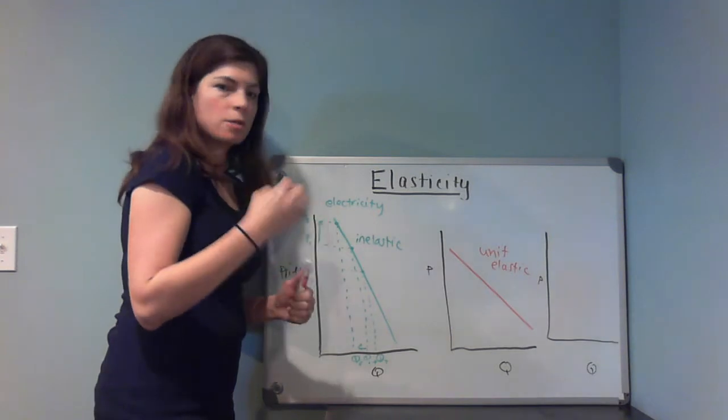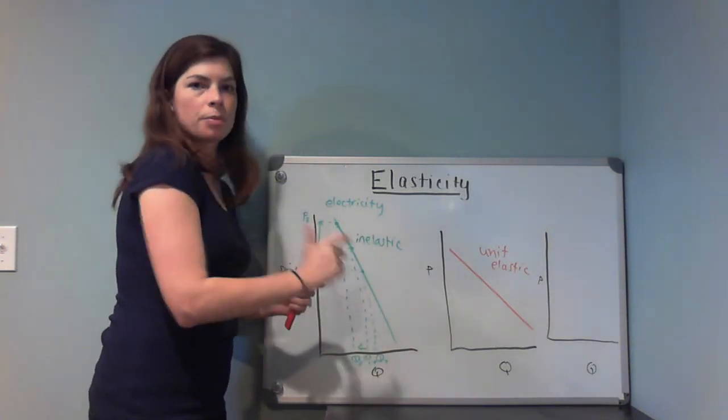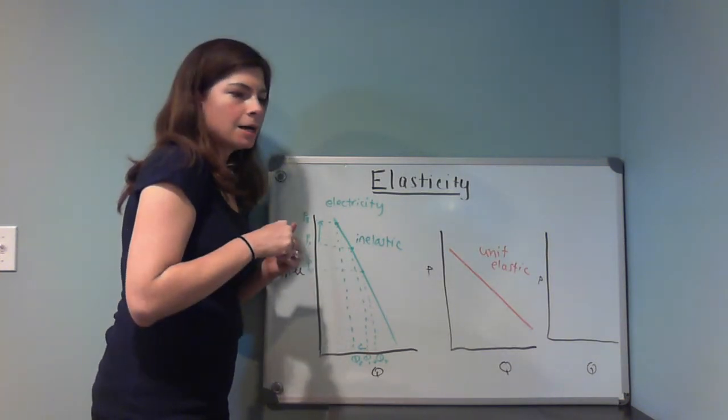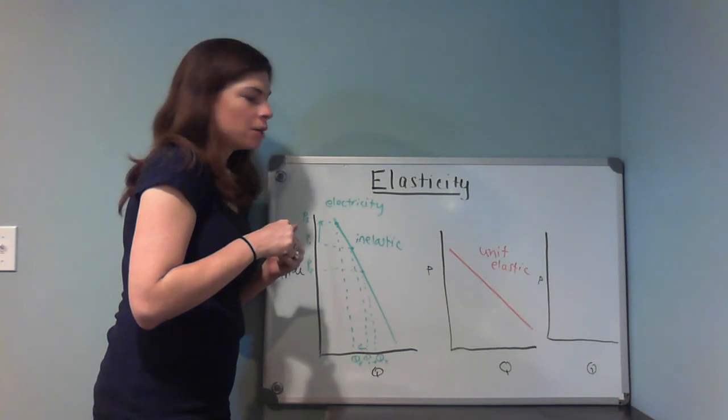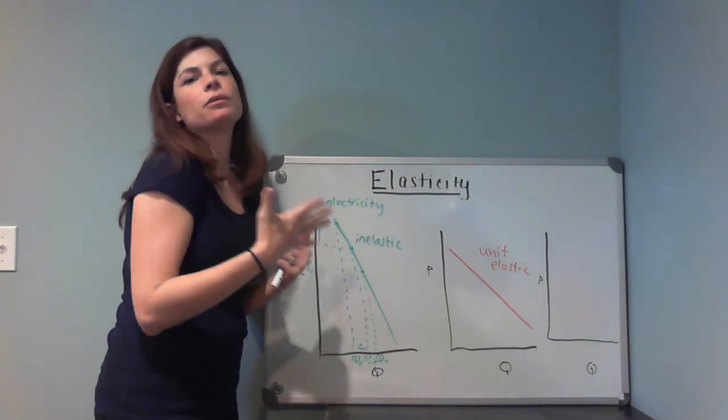Now this is when consumers change the amount that they buy exactly proportionally to the price change. So an example of this might be, let's say that you have a specific budget for going out to the movies in a year.